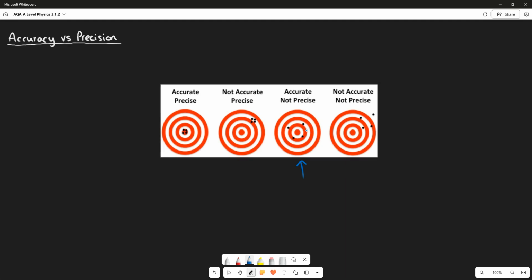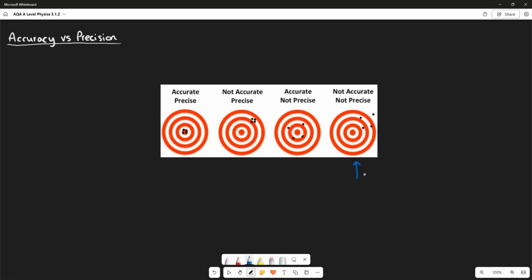But one of the things we can do with data like this that is not precise is take an average, and you'll notice that the center of this grouping is very, very close to the true value. And so taking lots of data points and then taking an average in this example would be a good way to find the true value.